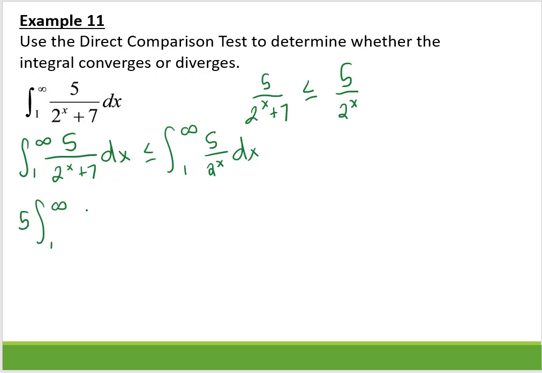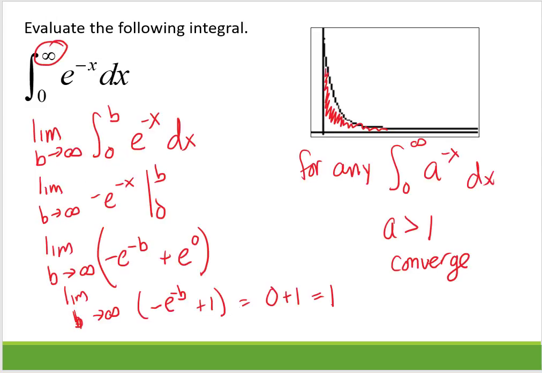I'm going to pull the 5 out. Now I need to know whether or not that converges or diverges. If you remember way back to the first slide of our lesson, the first example we did, I talked about how I converge for all a's greater than or equal to 1.